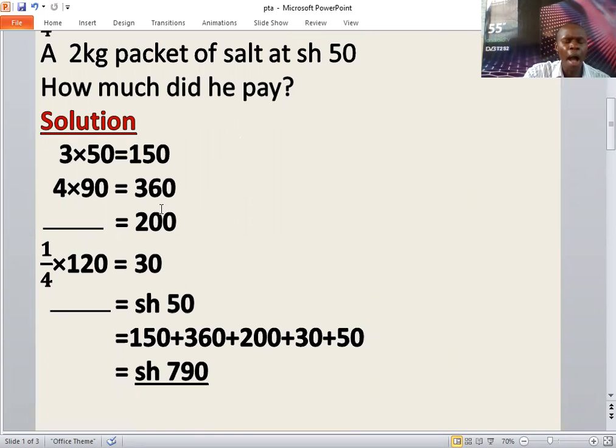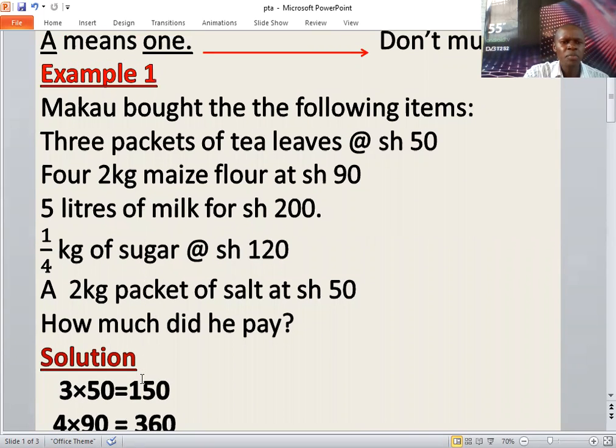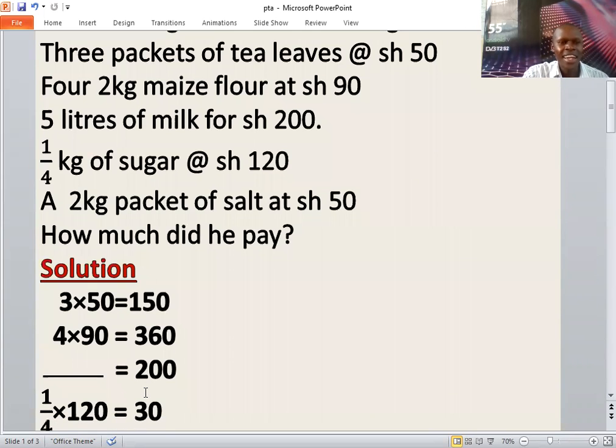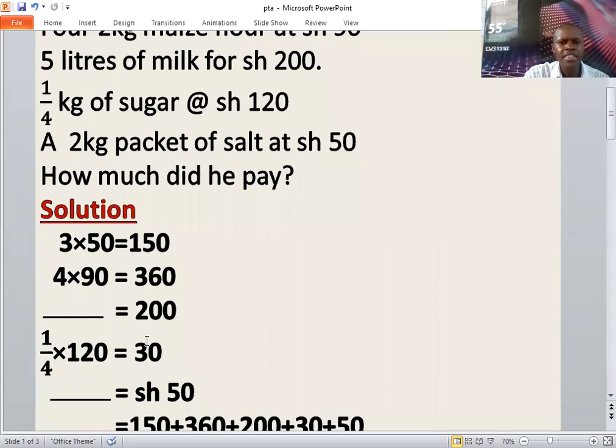For us to get the total amount paid, we are going to take the total price for the packets of tea leaves, which is 150, plus the total amount for the maize flour, that is 360 shillings, plus the total amount for the milk, which was 200 shillings, plus the amount for sugar, which was 30 shillings, plus the amount for salt, which was 50 shillings.